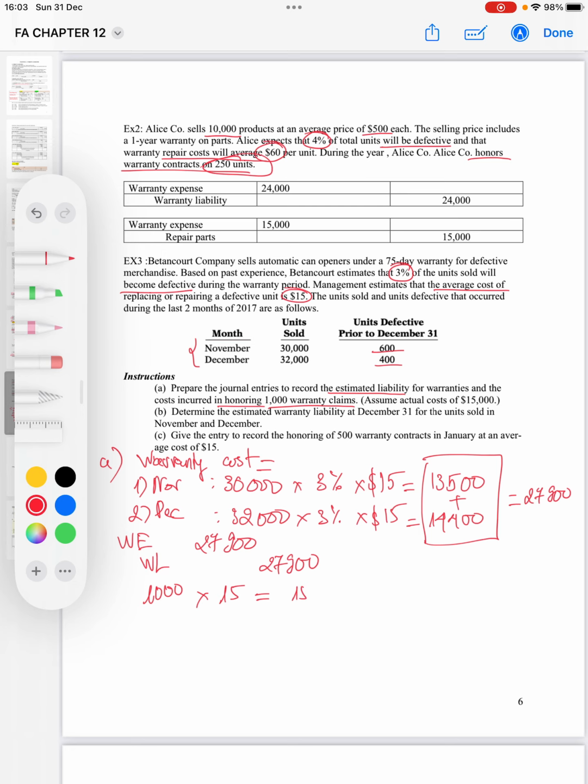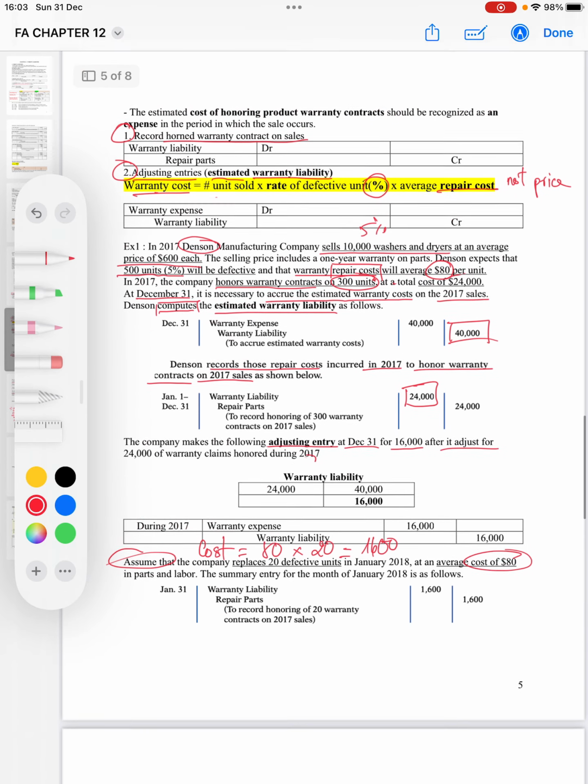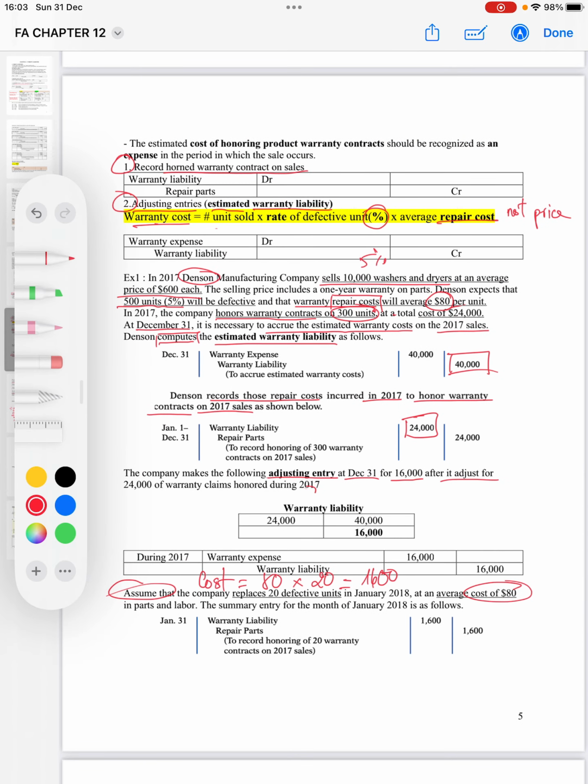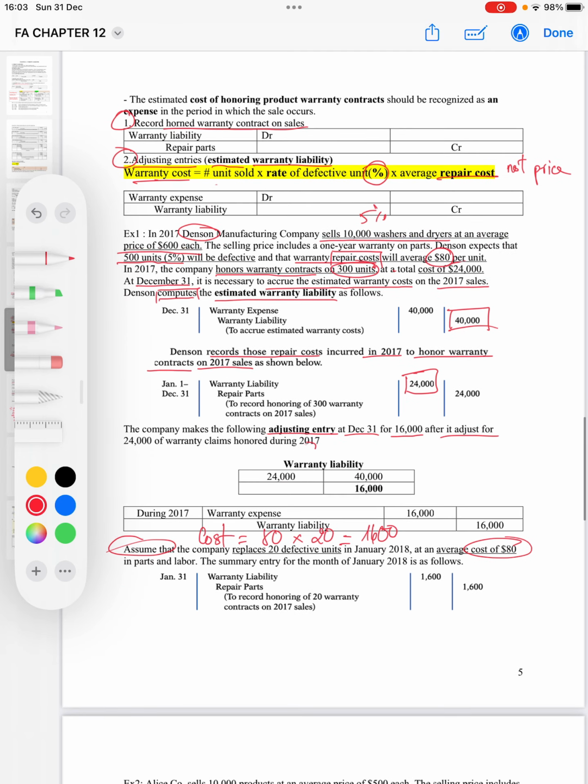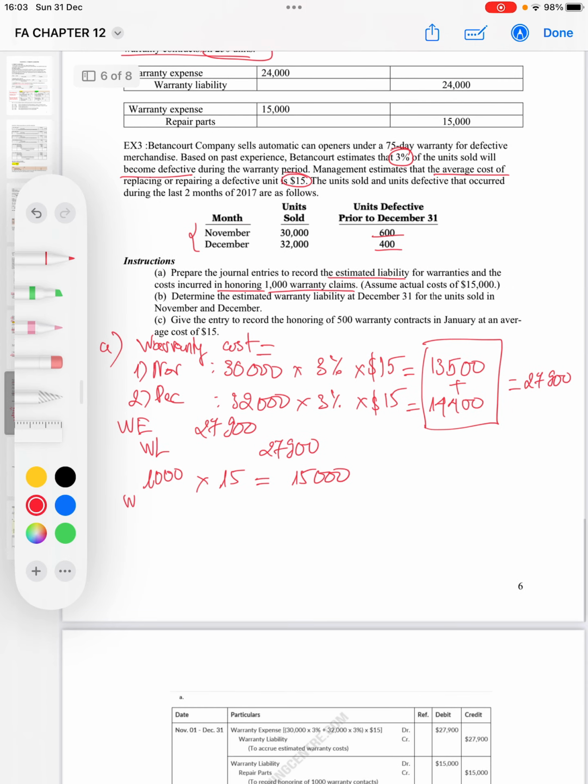Then you get the amount of 15,000. Because we're recording the honoring of warranty contracts on sale, warranty liability is debited and repair parts is credited with the amount of 15,000.